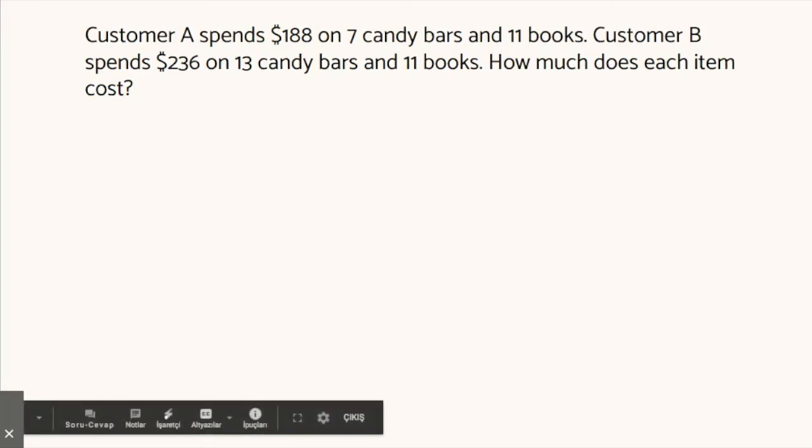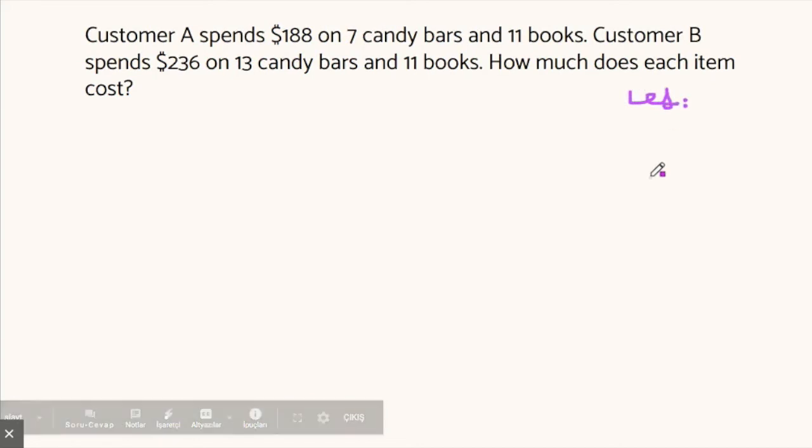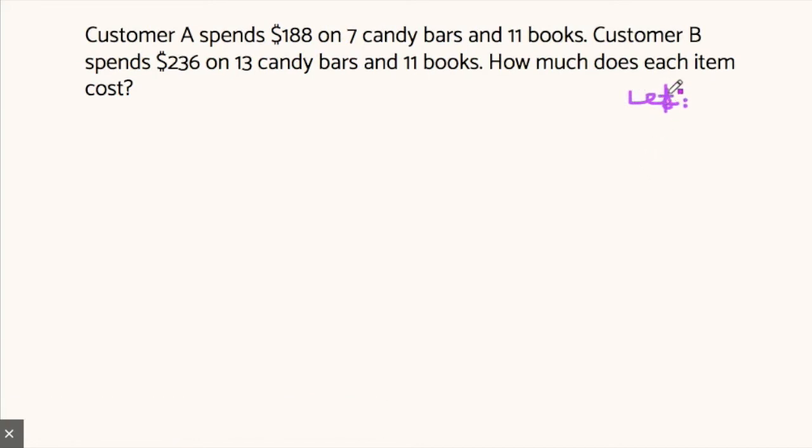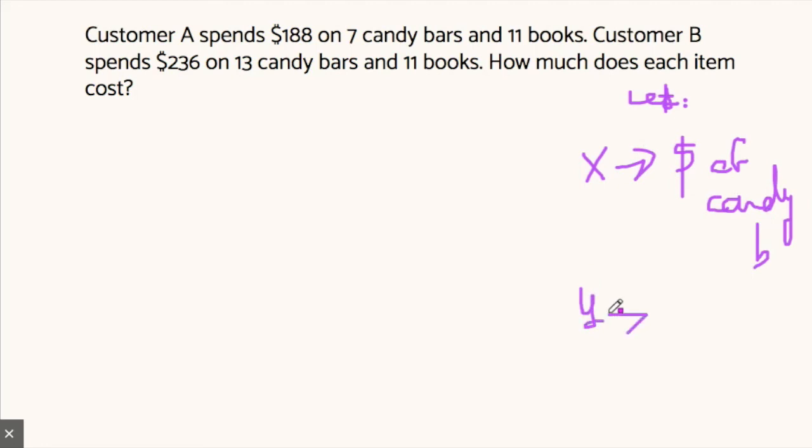And we're looking for their cost. So let's make our own variables here. Let X be the price of candy bars, and Y be the price of books.